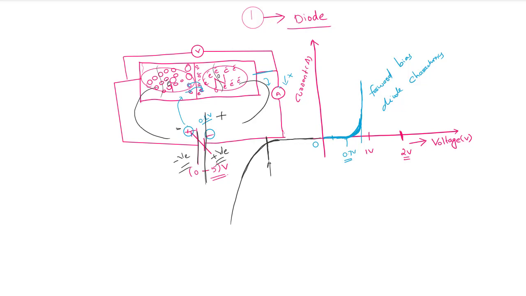That's the reason why generally we give the positive voltage to a diode to conduct in one direction. Negative voltage we generally don't give.